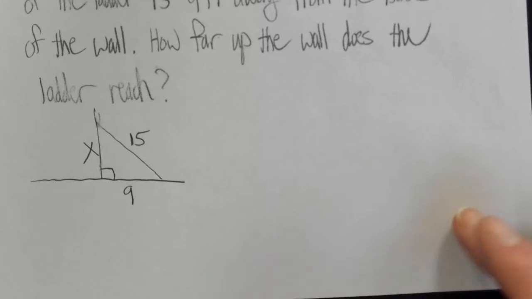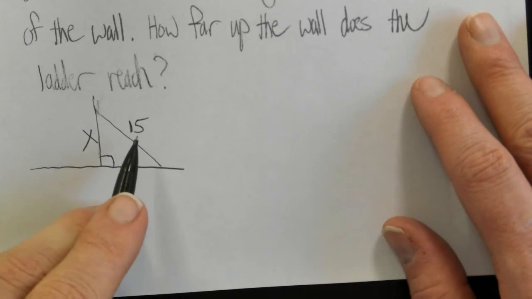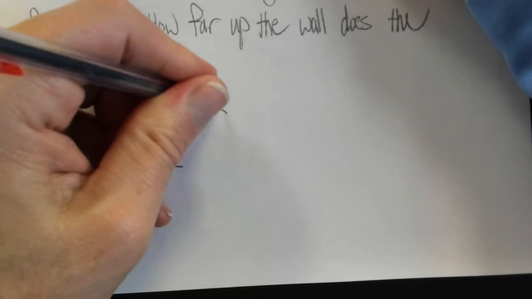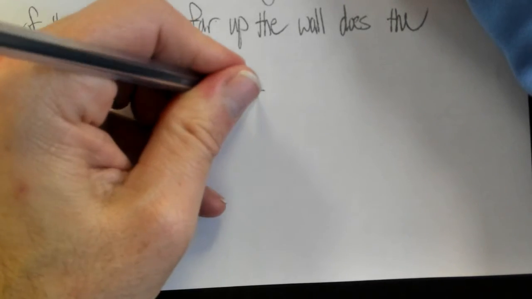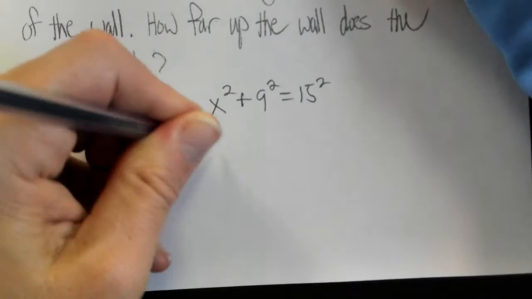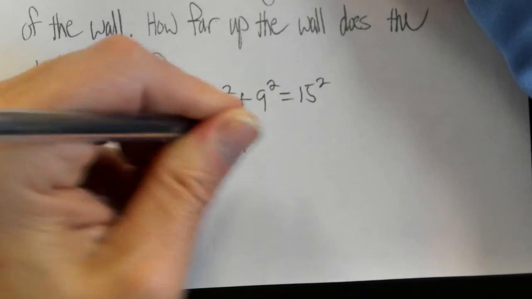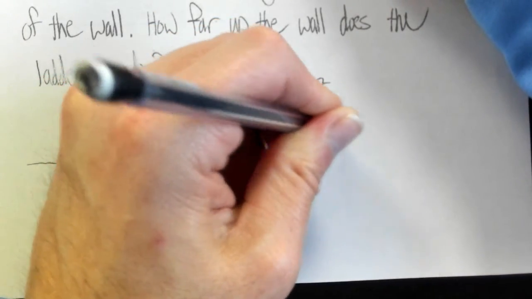Then you're just ready to plug it into a squared plus b squared equals c squared. What's the c? The c has got to be the 15. So I'll go x squared plus 9 squared equals 15 squared. And when I do, I've got x squared plus 81 equals 225.